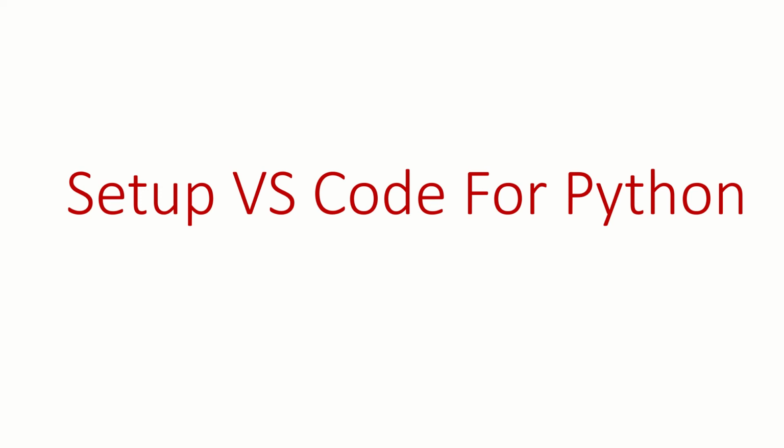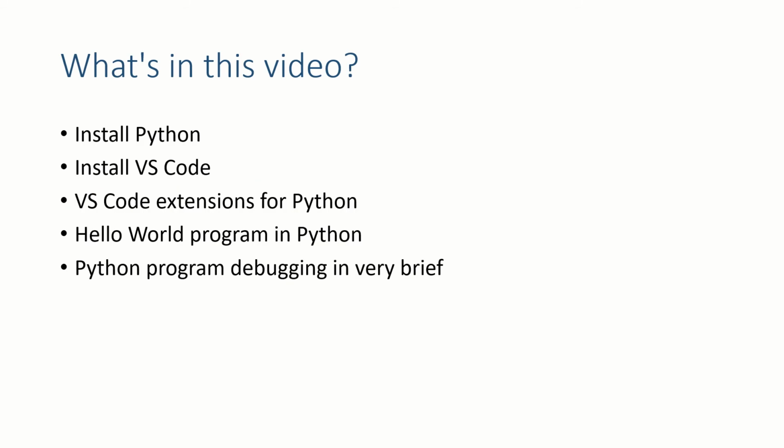Hi guys, welcome back. In this video, we are going to see how to set up Visual Studio Code for Python. Visual Studio Code is becoming a very popular editor for Python as well. So we are going to first download and install Python. Then we'll install Visual Studio Code.